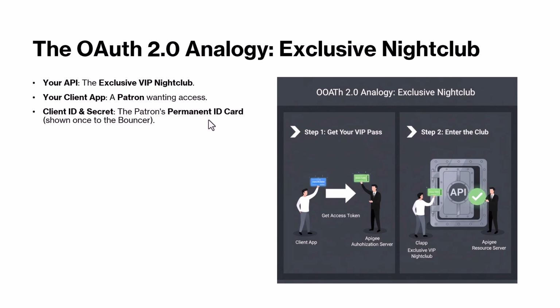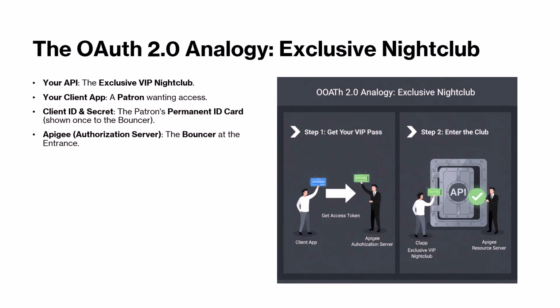That is the patron's permanent ID card. So this is the client tab. Okay. So one by one, we'll follow through these 2 steps. First step is get your VIP pass and then enter the club. All right. And these client ID and secret are shown only once to the bouncer to establish the patron's ID.